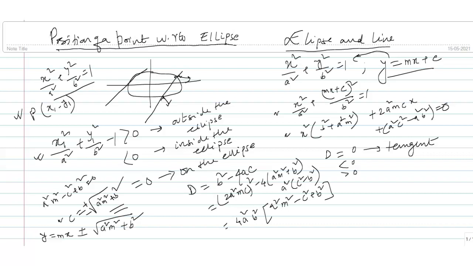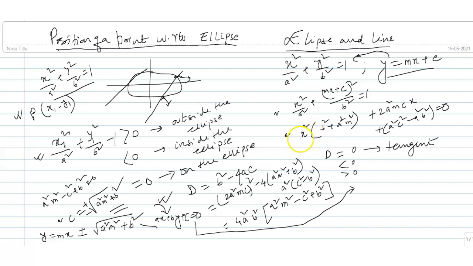If someone wants to ask you about the point of contact, if you write the equation of tangent in this manner, then we can easily find the point of contact. In the previous way I have told you about the ratio, you need to equate the ratio.